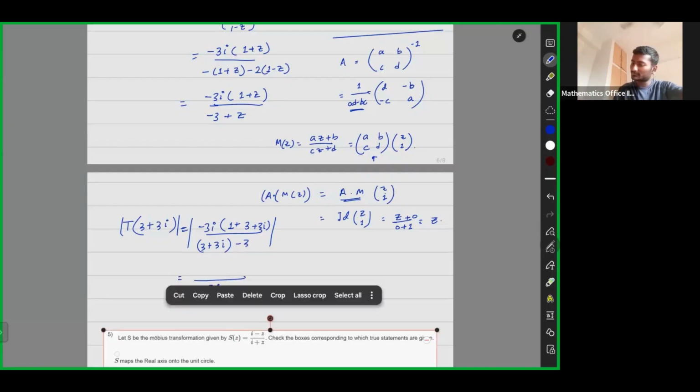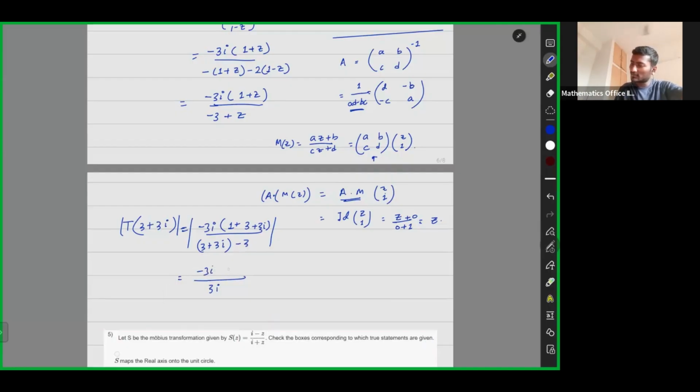In the numerator we have minus 3i. So we can solve it further. What is in the numerator? 3 plus 1, 4. 4 into minus 3, minus 12i.